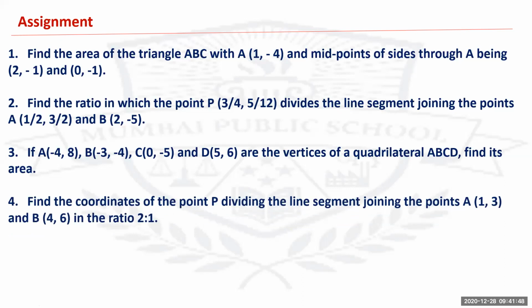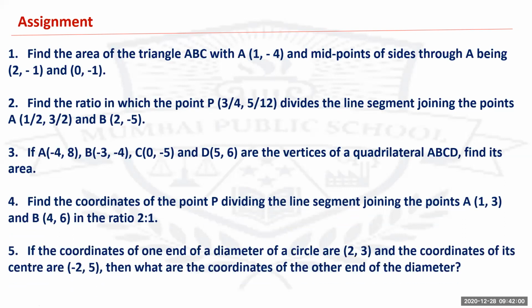Next, find the coordinates of point P dividing the line segment joining the points A 1, 3 and B 4, 6 in the ratio 2:1. If the coordinates of one end of the diameter of a circle are 2, 3 and the coordinates of its center are -2, 5, then what are the coordinates of the other end of the diameter?